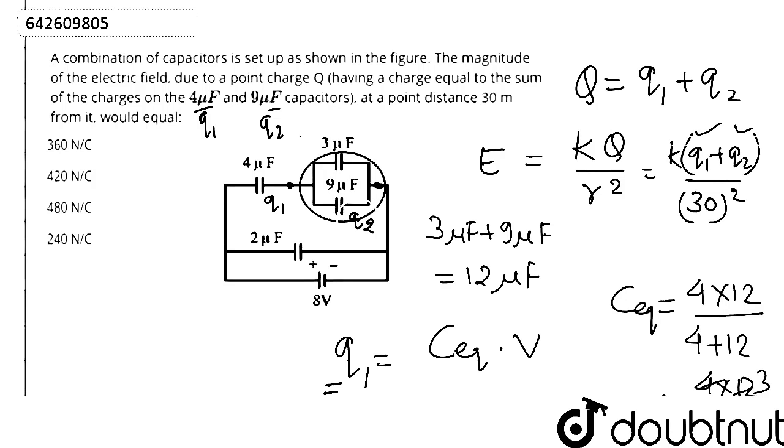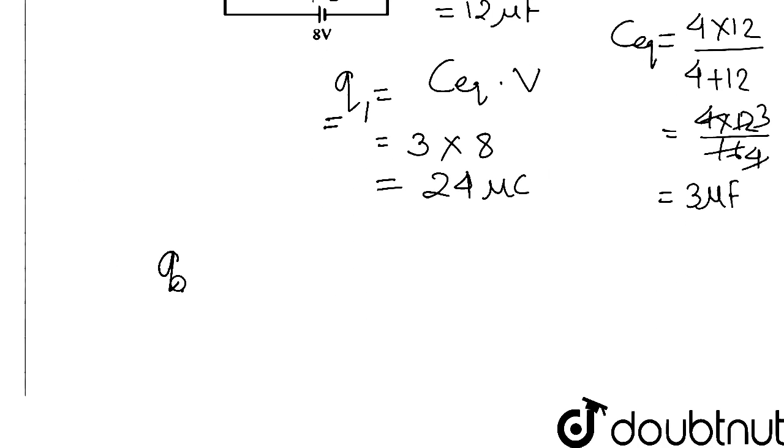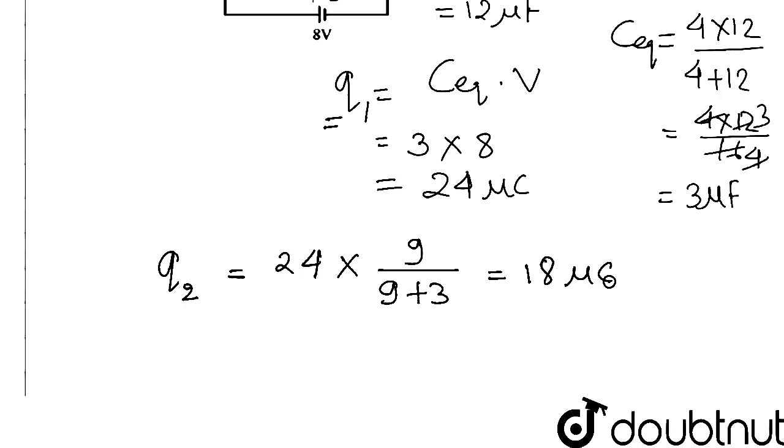So the charge on the 9 microfarad, Q2, is 24 into 9 by 9 plus 3, which is 18 microcoulomb.